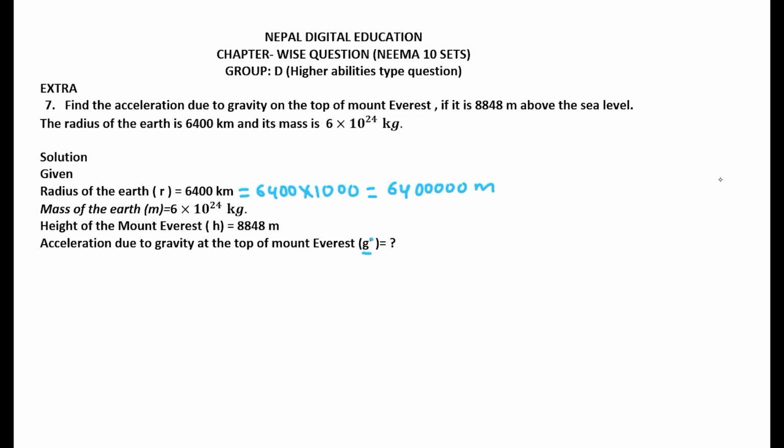So in this case, we have the formula g equal to GM by R plus h whole square.